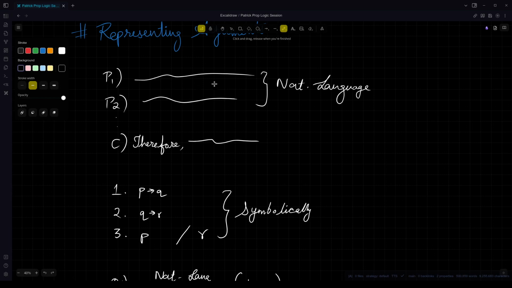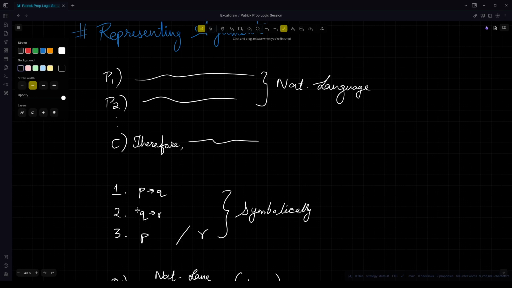When you're writing in natural language, you write P1, P2, P3, whatever, and then you write the conclusion. That will be the natural language representation, and in symbolic form, this will be the representation. Basically, 1 will be P implies Q, 2 will be Q implies R, 3 will be P, and this slash represents therefore, and R is the conclusion.